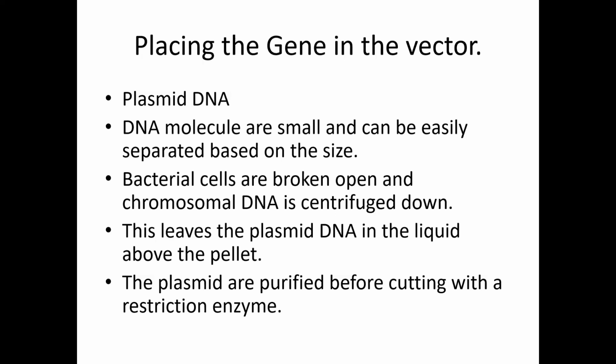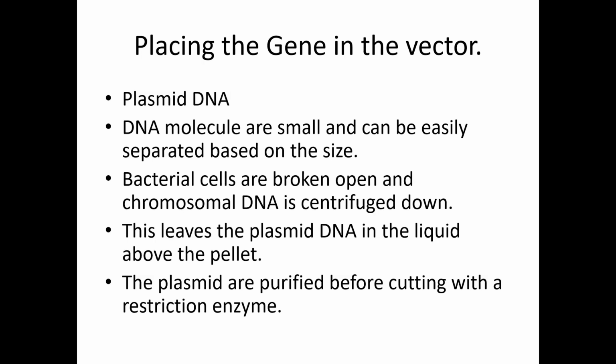So the bacterial cell, the E. coli here, will break down and the chromosomal DNA, whatever is present, will be shifted for the centrifugation process. Centrifugation leaves the plasmid DNA in the liquid above the pellet. So at the bottom, we will get chromosomal DNA, and in the upper part, we will get the plasmid DNA.